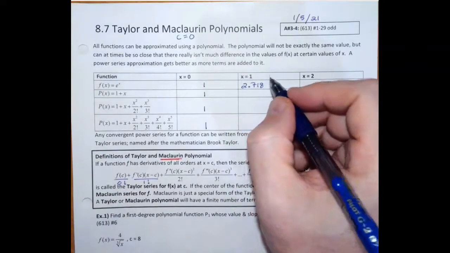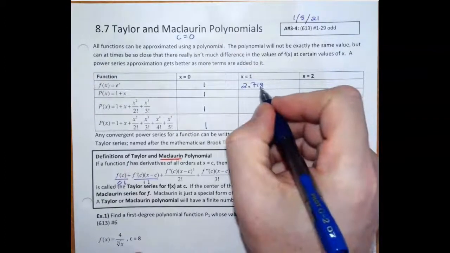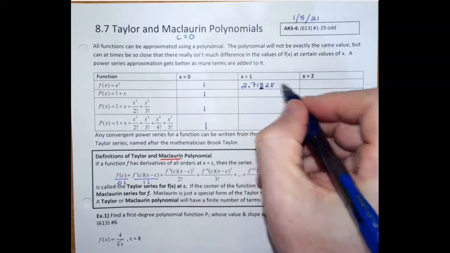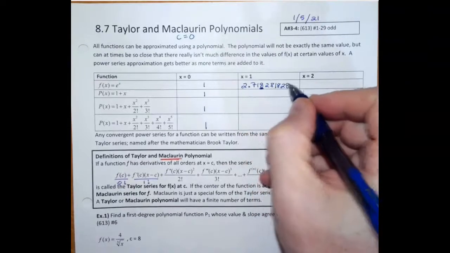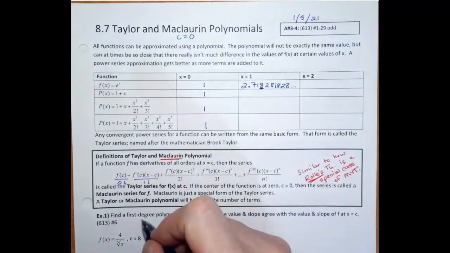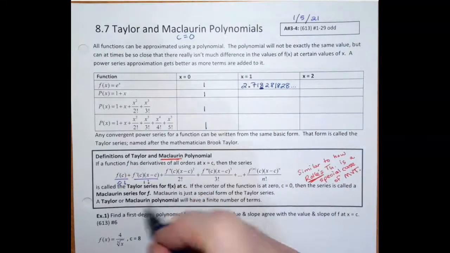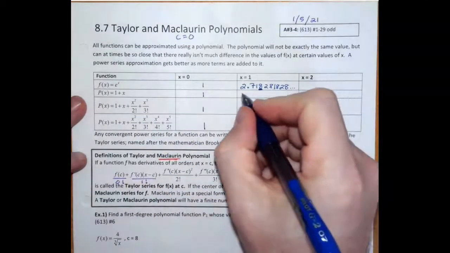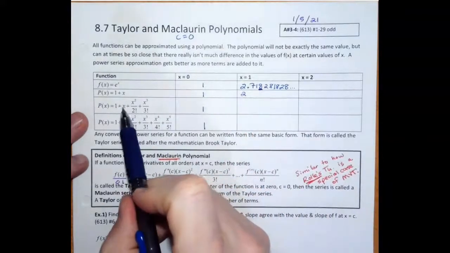2.71828. Now in calculus we round things off to the thousandths place, so we would just stop there, but it's 2.71828459045. But if we plug 1 in here, 1 plus 1 is 2.